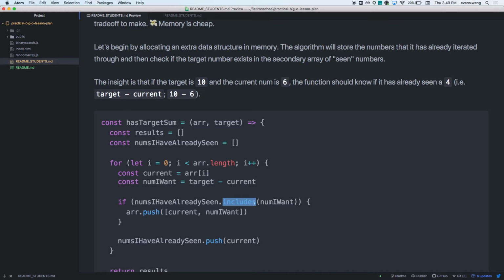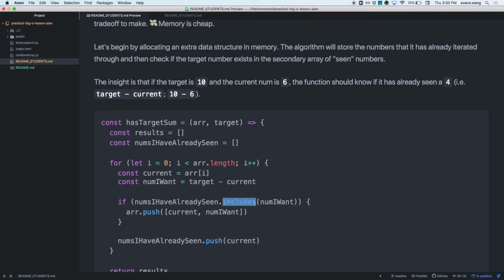So it's like linear plus another iteration, which makes it quadratic. Yes, 2 iterations make it quadratic.